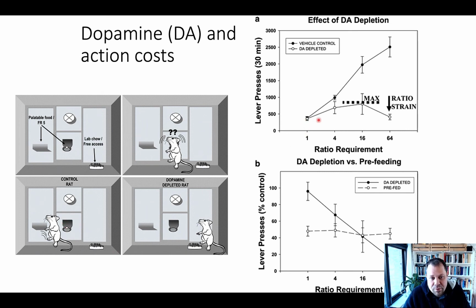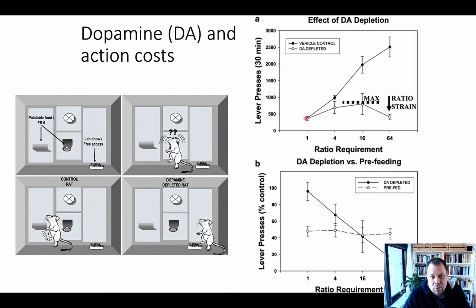So when we have just one press, a very low effort type task, then the control animal does not differ from the DA depleted animal. But when we increase the ratio requirement from 1 to 4, from 4 to 16, and from 16 to 64, we can see that a vehicle control animal will ramp up its presses to receive the highly valued reward, and will work relatively hard and perform 2,500 presses in 30 minutes, which is quite a lot.